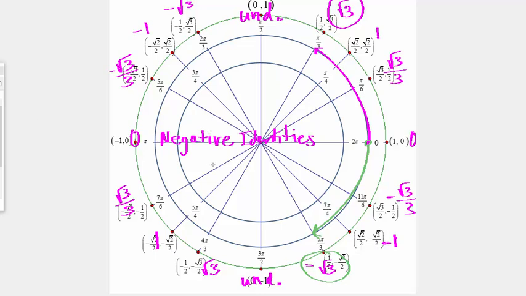Let's again identify the symmetry here. So we can say from this that the tangent of pi over 3 is equal to the square root of 3, and the tangent of negative pi over 3 gives us a tangent value of negative root 3.